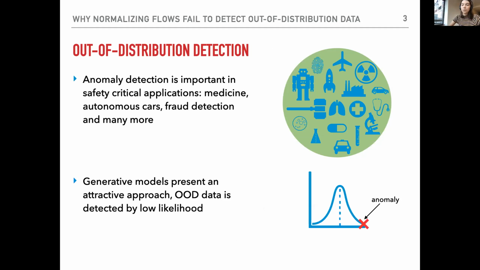So for example, we could take a generative model and train it on some training data set that we have, and then choose a likelihood threshold on a validation set such that during test time, when we classify inputs, we detect the anomalies if the likelihood of the input falls below that threshold.